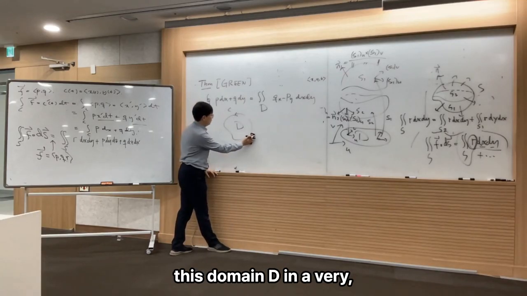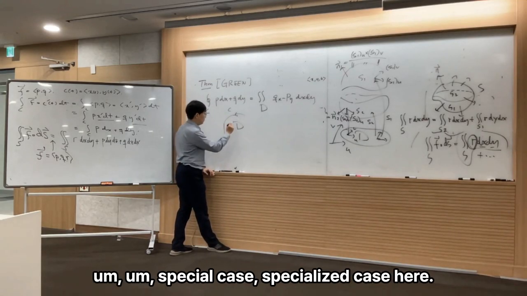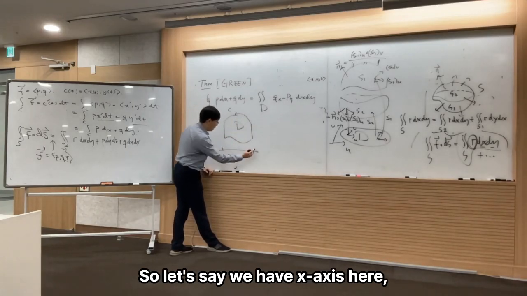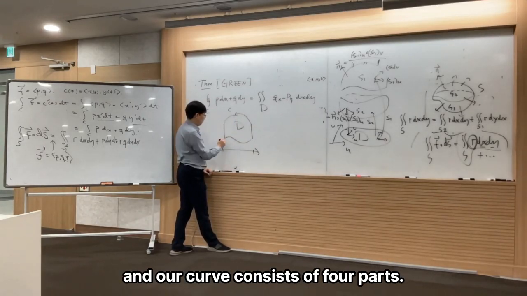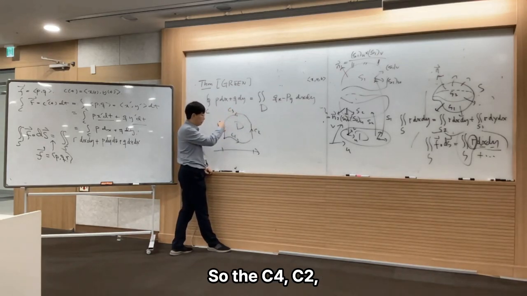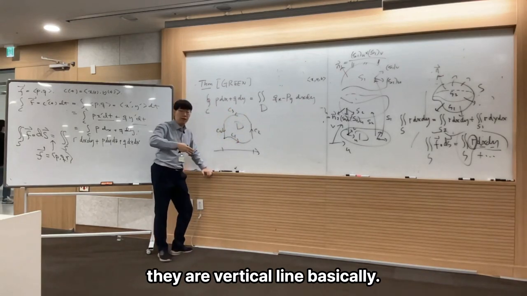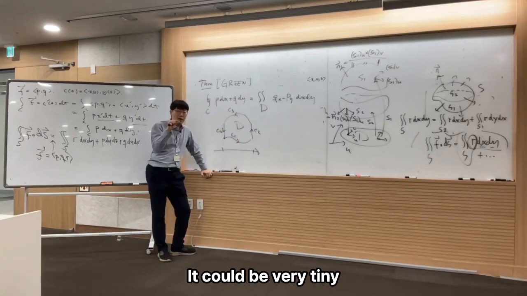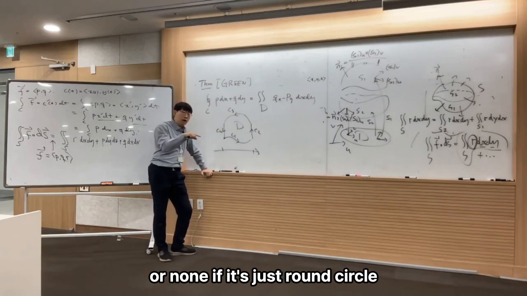So let's think about this domain D in a very specialized case here. Let's say we have the x-axis here, and our curve consists of four parts, C1, C2, C3, C4. So C4 and C2 are basically vertical lines. They could be very tiny or none if it's just a round circle.